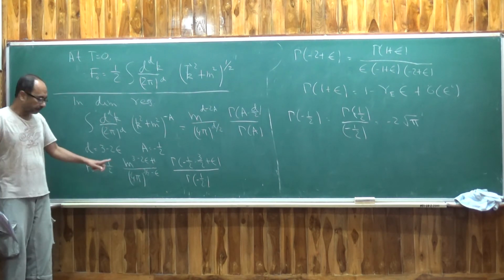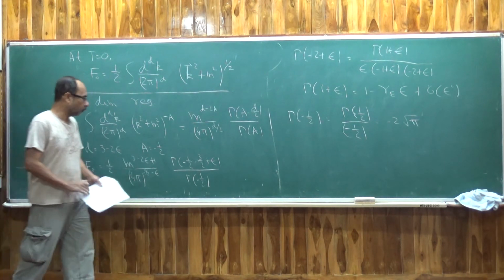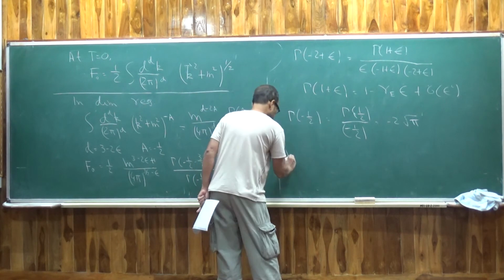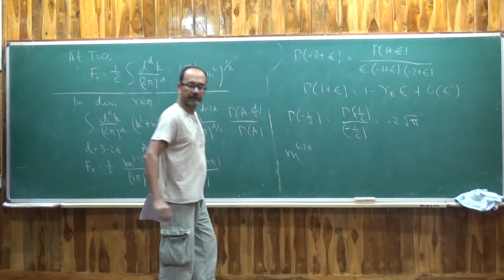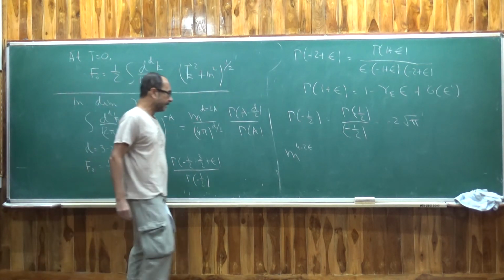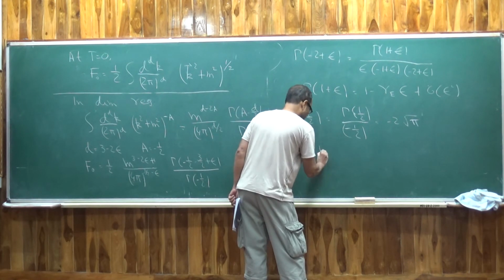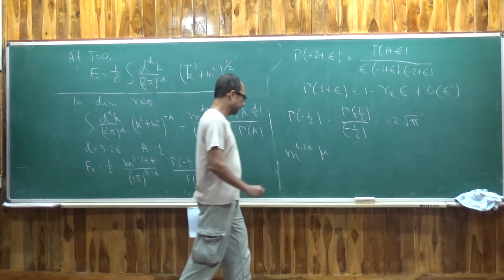There is one more subtle point that you have to see. Here you have m to the power 4 minus 2 epsilon. We will insert an arbitrary normalization mass parameter mu. Eventually the final answers will not depend on mu, because you are just inserting it.